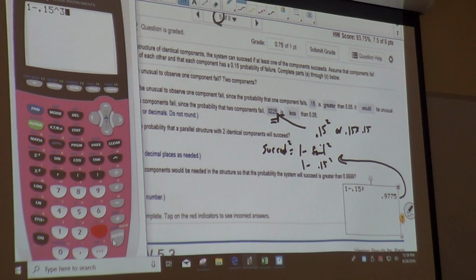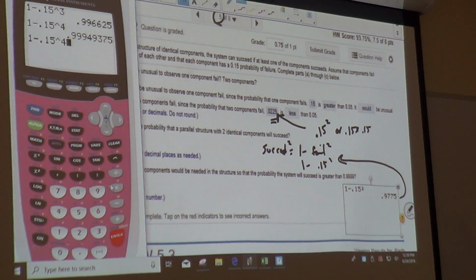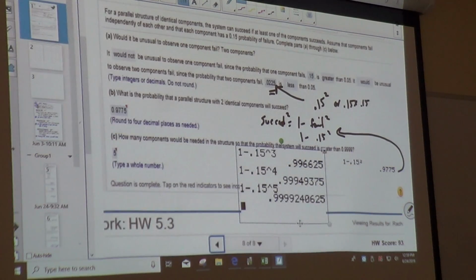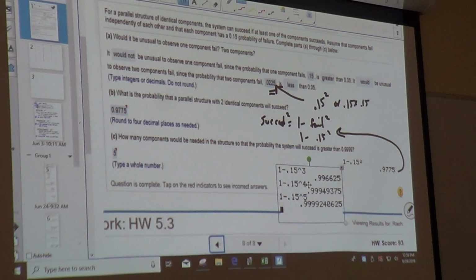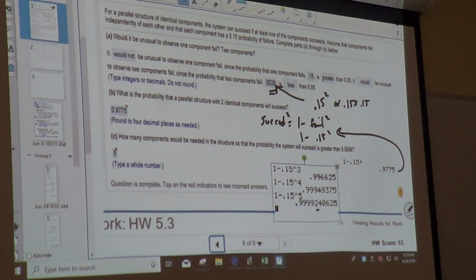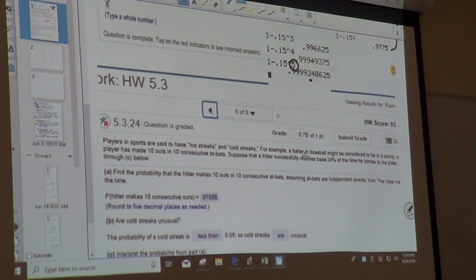To the 3rd. Is that greater than 0.999? Back it up to the 4th. Back it up to the 5th. I want it to be greater than 0.9999 with 4 nines. So it's going to be to the 5th power because they want it greater than, that's where that 5th is coming from. Okay. We good? Yep. All right, and then we had one more.